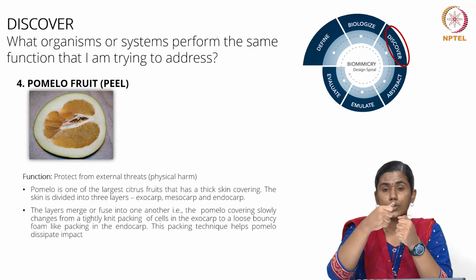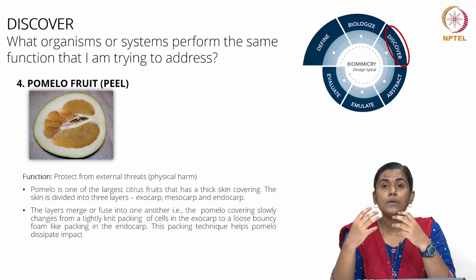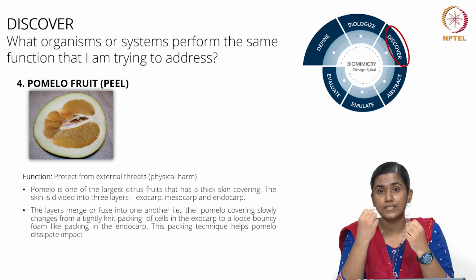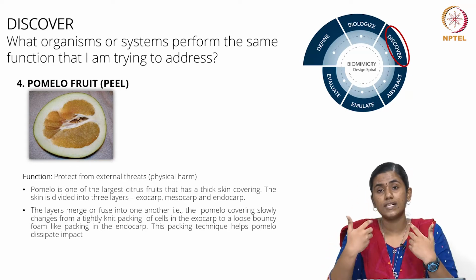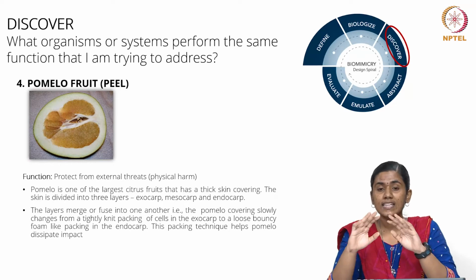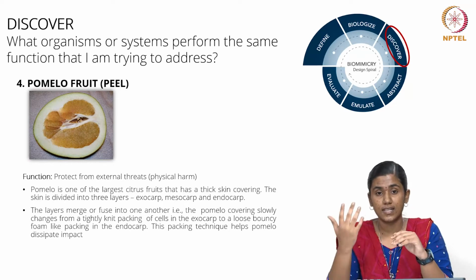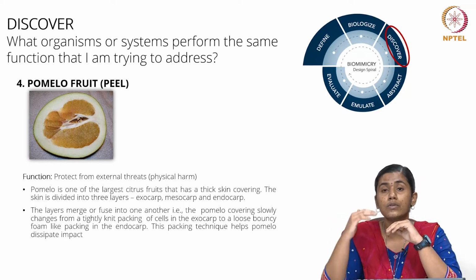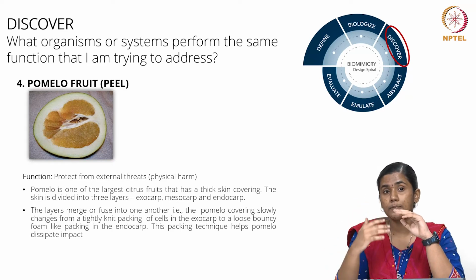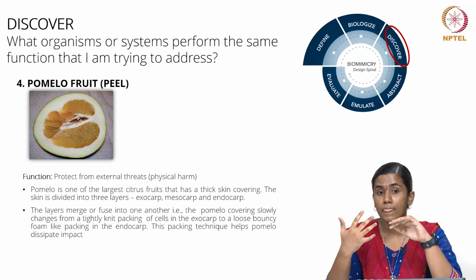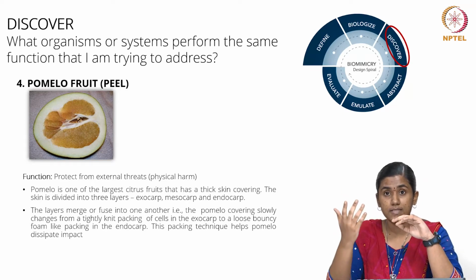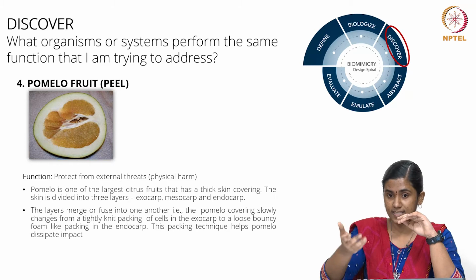Since they fuse together and support each other, they are able to distribute the impact that is felt by the outer layer till inside. They are able to distribute the tension towards the inner layer and manage the resistance and the force that comes from outside. That's the reason why pomelo fruit is resistant to external impact and to falls from such high distances.